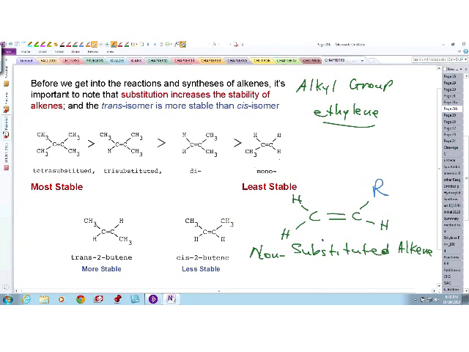At this point, we will refer to this alkene as mono-substituted, because we have replaced one of the hydrogen of the non-substituted alkene with an alkyl group. So we now call this a mono-substituted alkene.